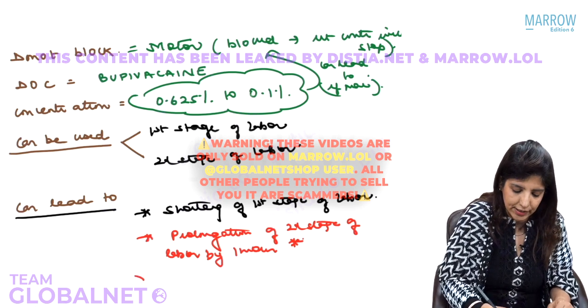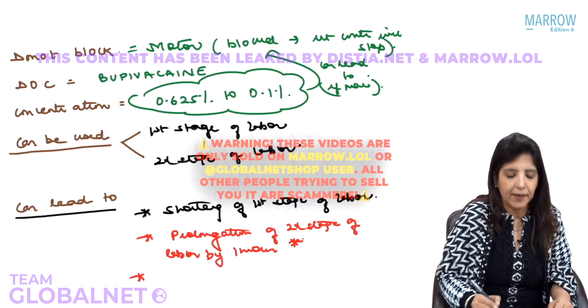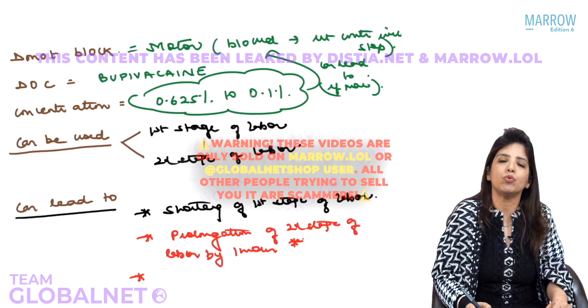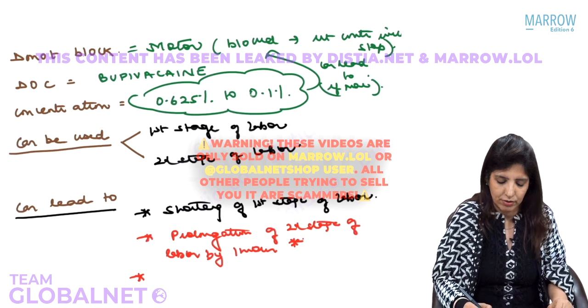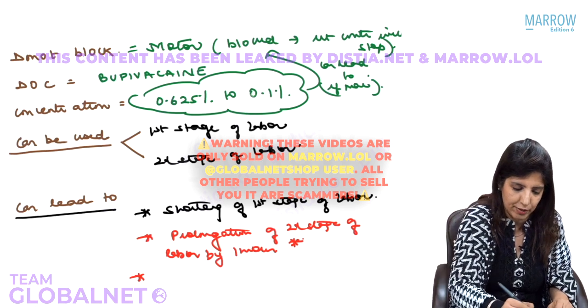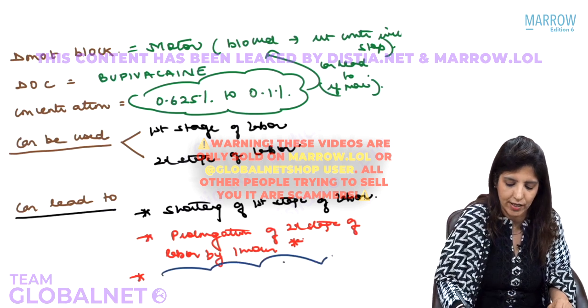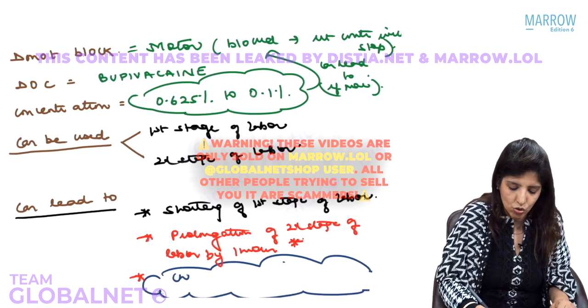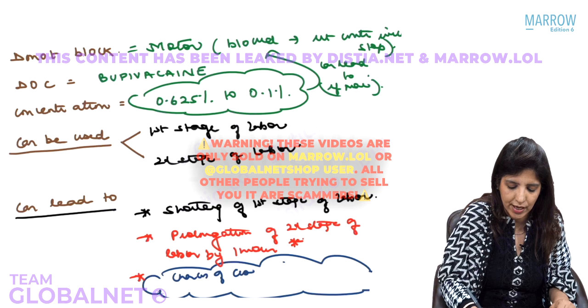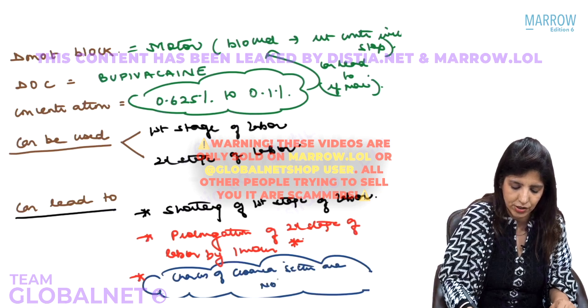Right? Third thing, does epidural lead to increased chances of cesarean section? No. Because you are using epidural, the chances of cesarean are not increased. That's a myth, right? So the chances of cesarean section are not increased.